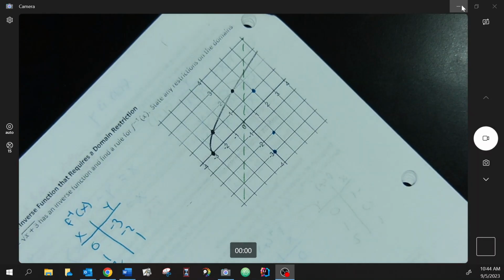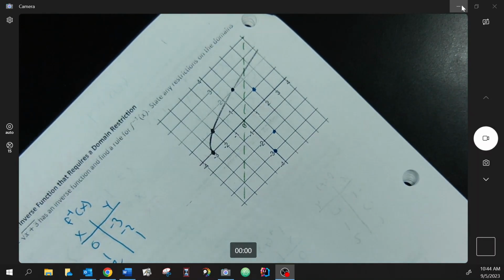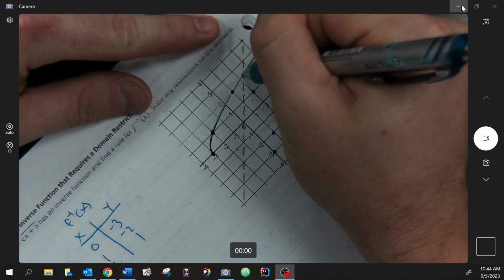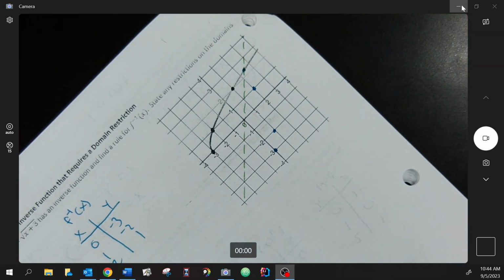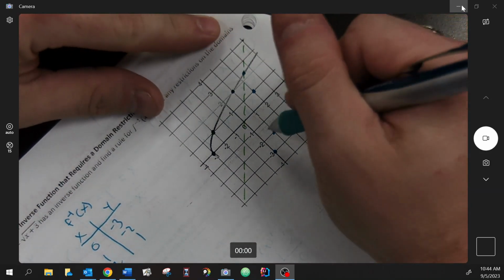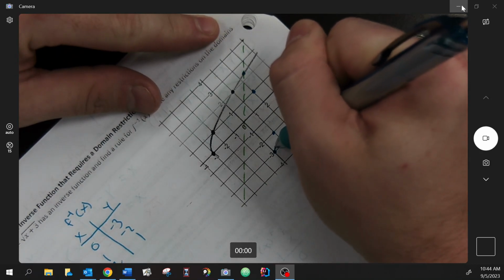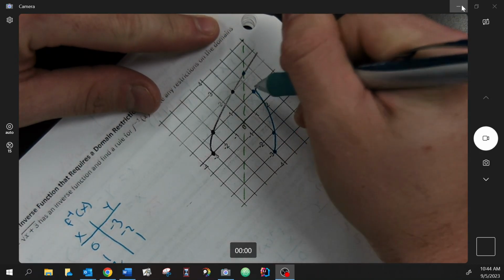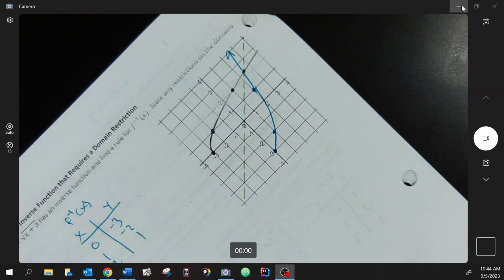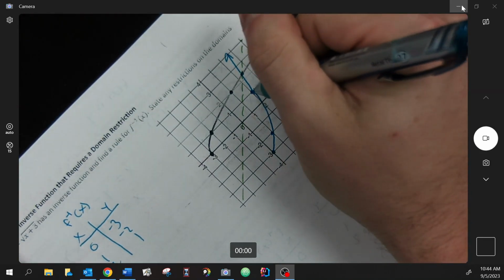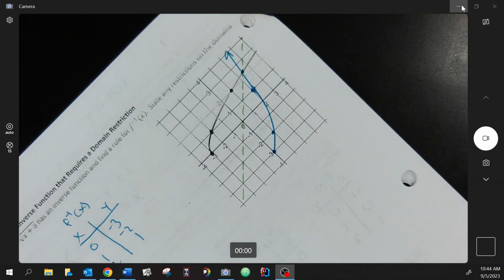That means there'll also be a point right there, because anytime a graph intersects the line y equals x, its inverse will also go through the exact same point, like I showed you on the previous example. And I'm going to do my best here, something like that. Not too bad.